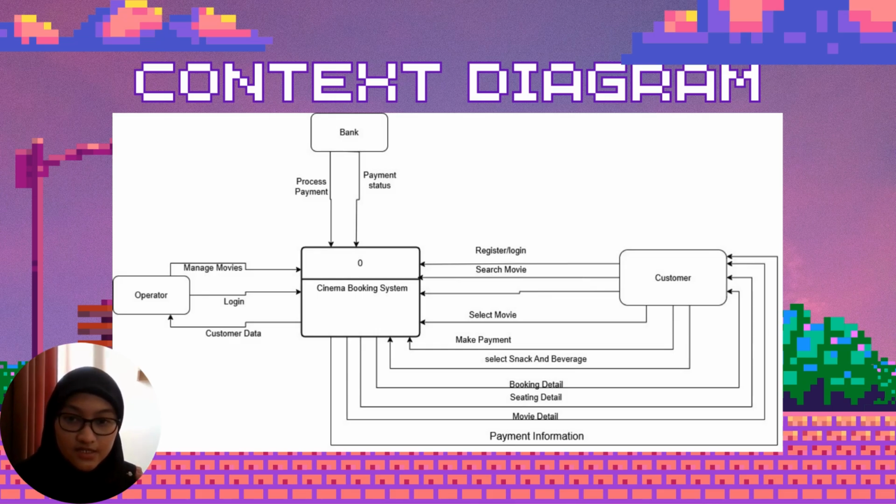Our first entity is operator, where the operator can manage movie and login. Operator also gets customer data from the system. Next is bank, which is involved in process payment and payment status to the system.